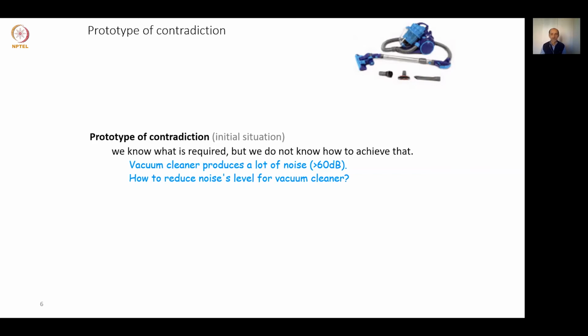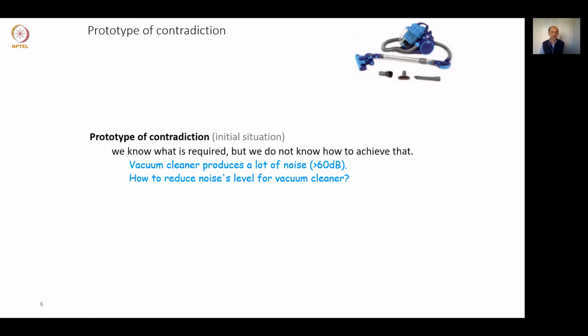In this case, the noise level is low, it's true, but the power of sucking is not acceptable because the damping materials will reduce the airflow inside. The dimension of the vacuum cleaner will be larger because we need space to put our damping materials. And what is also important, the temperature of the fan motor increases because the cooling effect of the fan motor will also degrade. So technically speaking, we face a situation where improvement of one characteristic, like reduction of noise level, leads to non-acceptable degradation of another characteristic of our technical system.